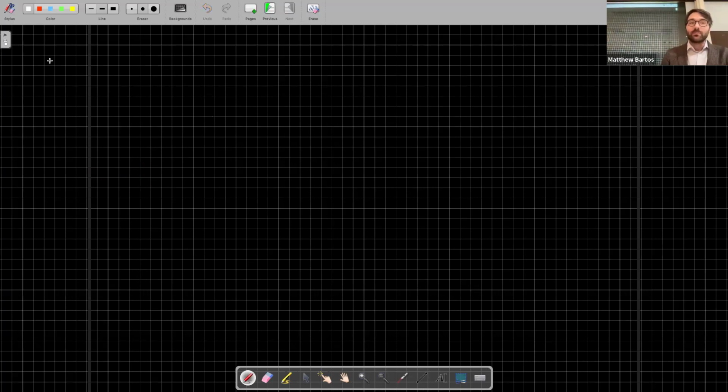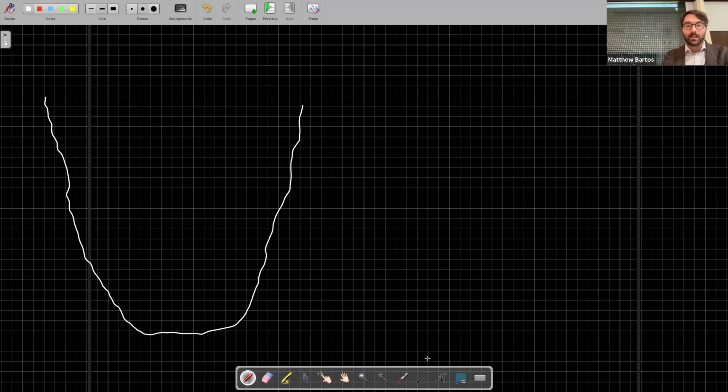All right, so let's go ahead and draw out the specific energy for flow in an open channel. So I'm going to draw a channel cross section over here on the left. And on the right, I'm going to draw a graph.